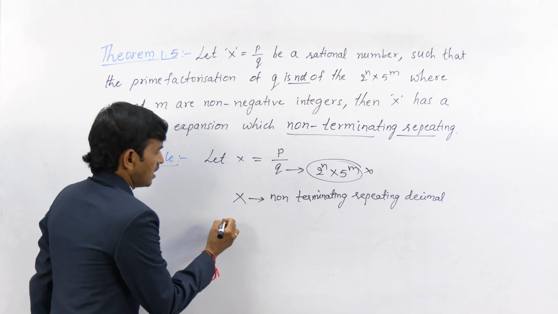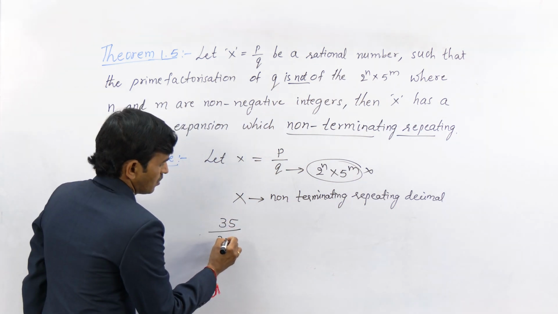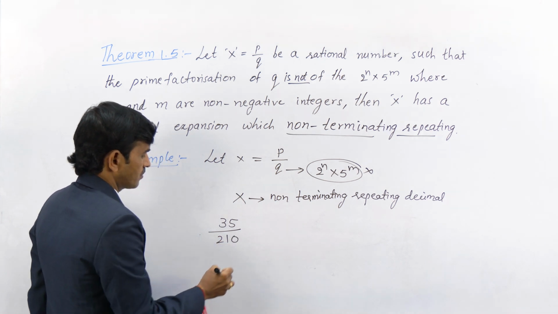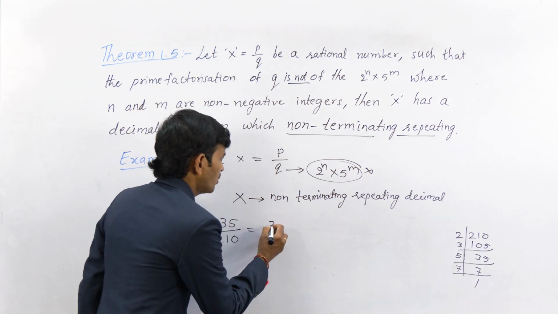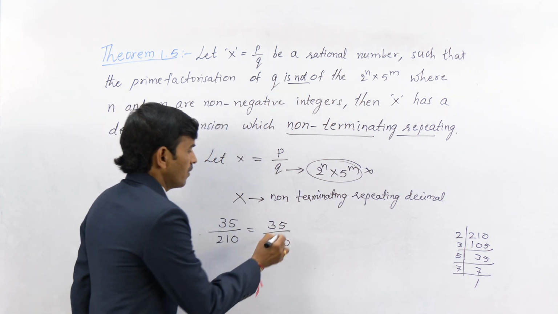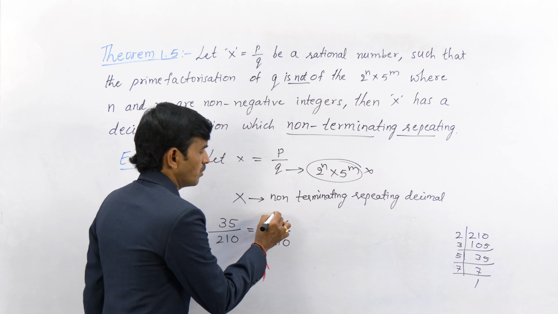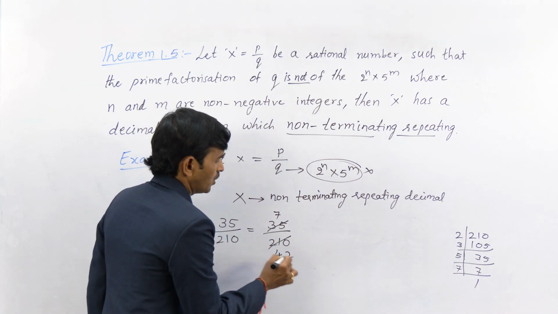Let us consider one example: 35 divided by 210. First convert it into simplest form. It can be cancelled with 5: 5 sevens are 35, 5 fours are 20, 5 twos are 10.